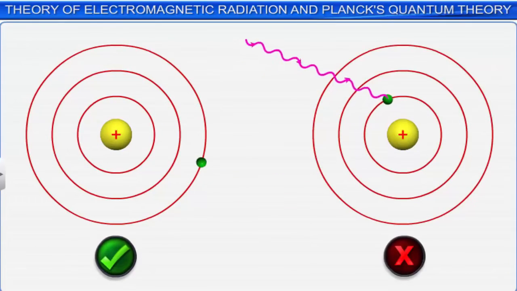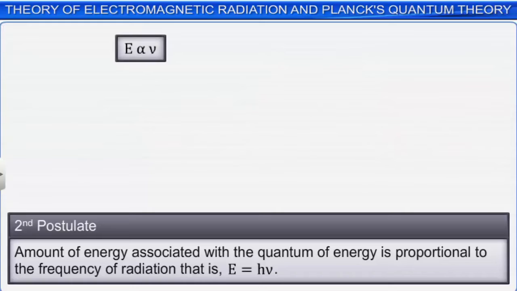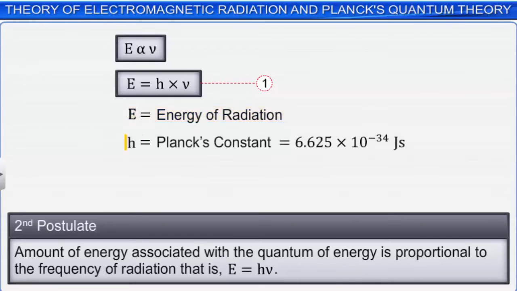Not continuous waves. According to the second postulate, the amount of energy associated with a quantum of energy is proportional to the frequency of radiation. It is proportional to nu, or E equals h multiplied by nu, where E is the energy of the radiation and h is Planck's constant, 6.625 into 10^-34 joule seconds, and nu is the frequency of radiation.